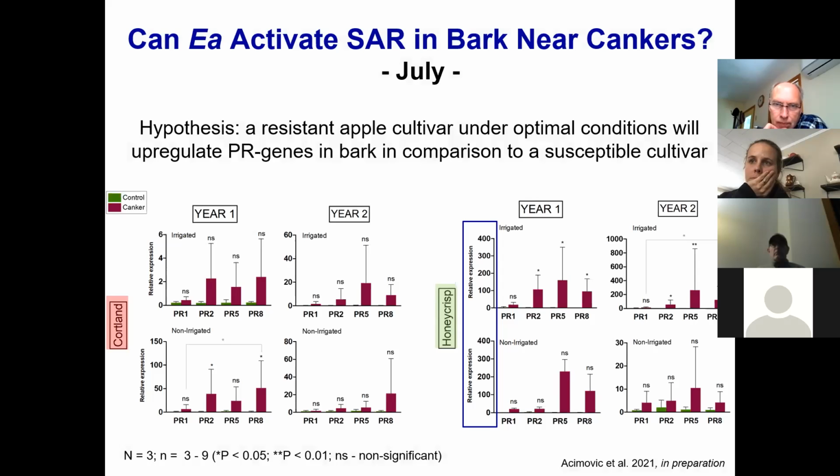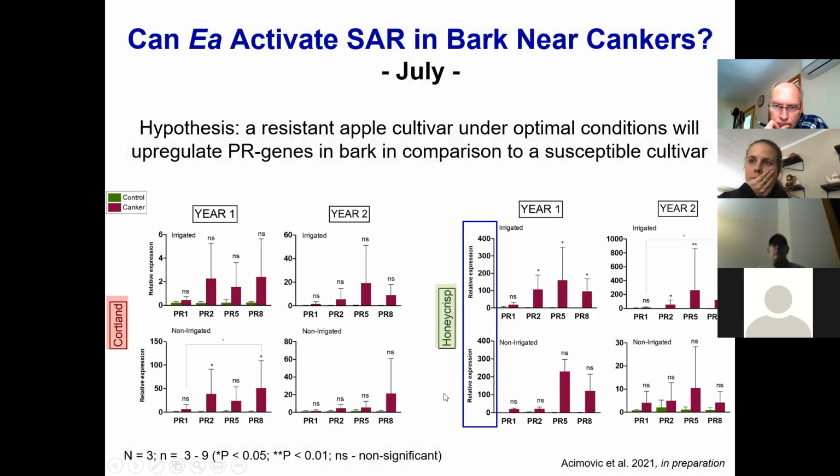So we do see differences between the cultivars. And when you look at the y-axis, you can see almost 100 or 120-fold higher gene expression in Honeycrisp in comparison to Cortland. We also compared that to the non-irrigated blocks.